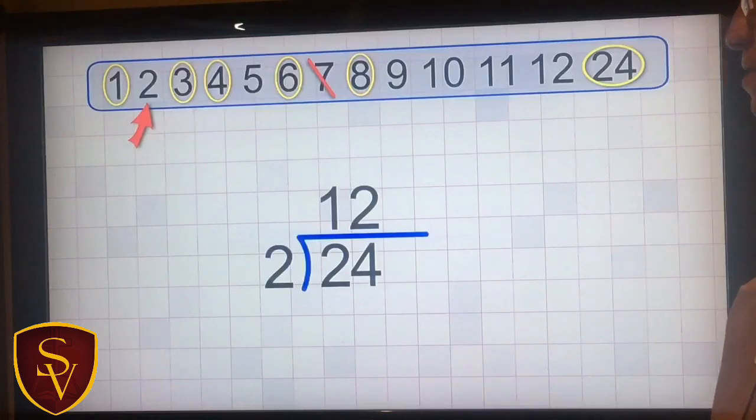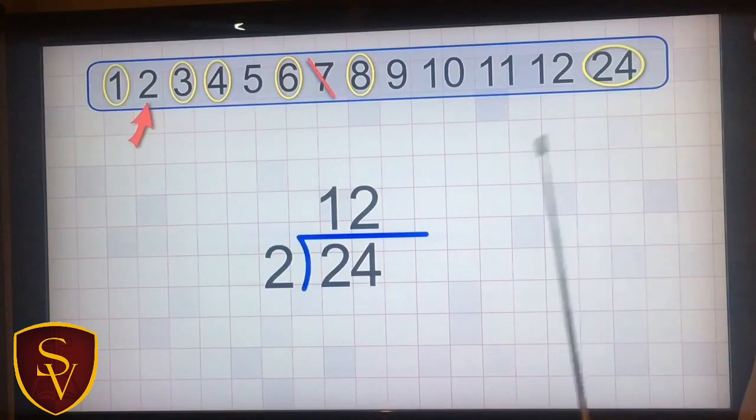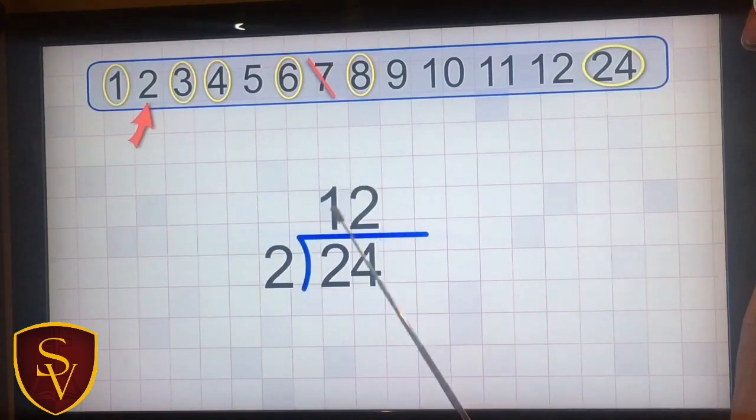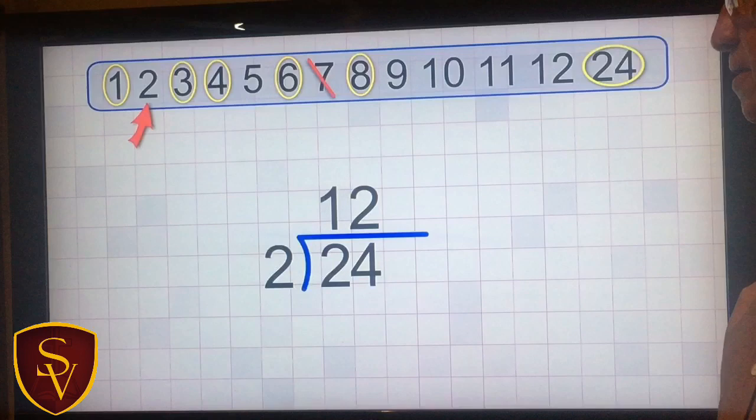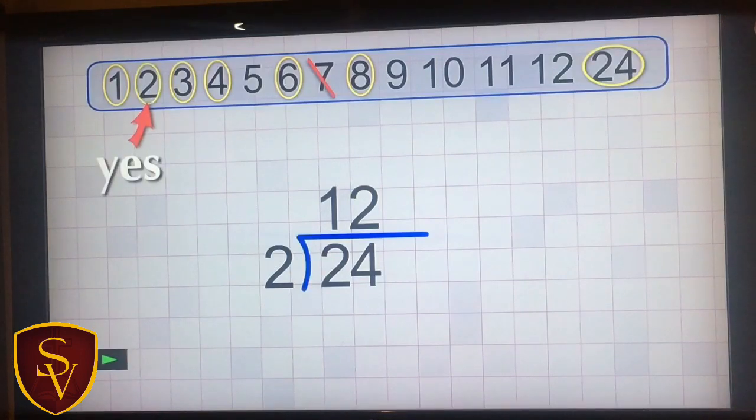We can see in the example that 2 can also be a factor of 24, because if we divide 24 by 2, we're going to get a quotient of 12 as a whole number with no decimal.